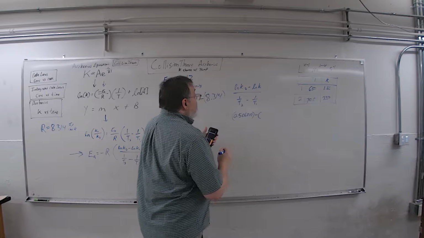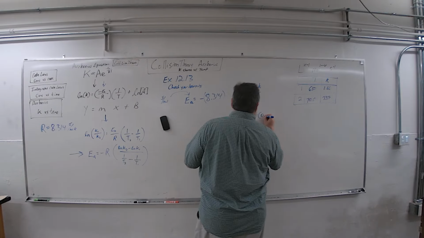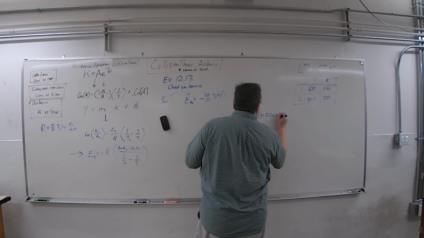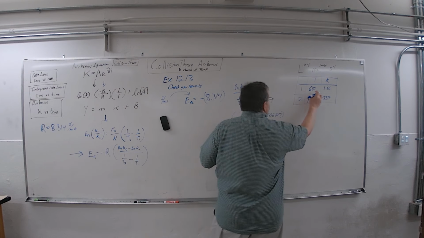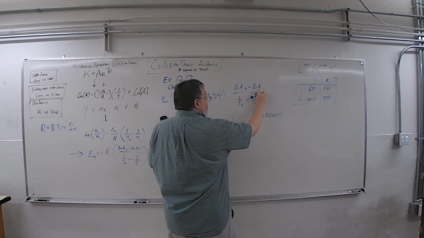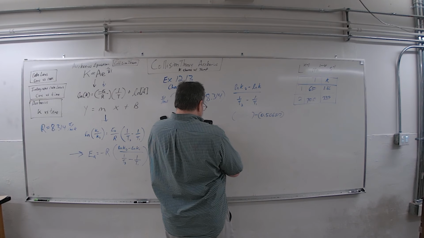Minus, I just did K1, just so I don't get messed up. So I just did this one. And since I've got it labeled as 1 here, I'm going to keep it like that. 739.